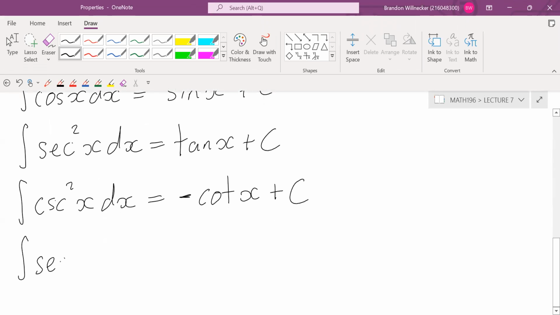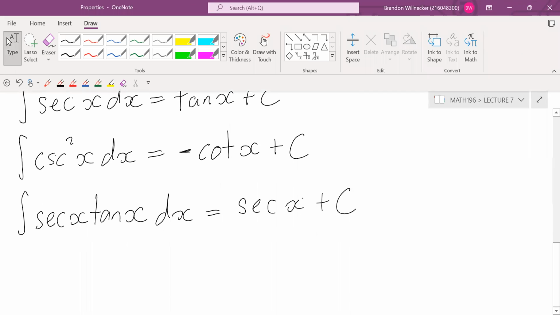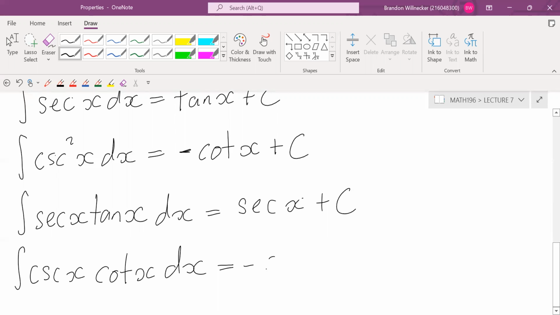The integral of sec x tan x dx is going to give us sec x plus c. And lastly, the integral of cosec x cotan x, again your reciprocals, is going to be minus cosec x plus c.